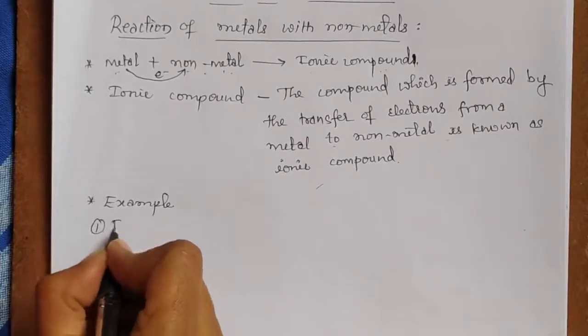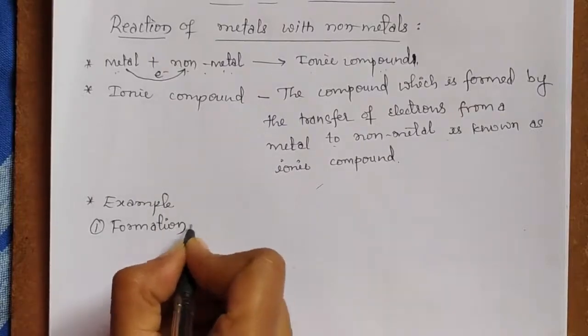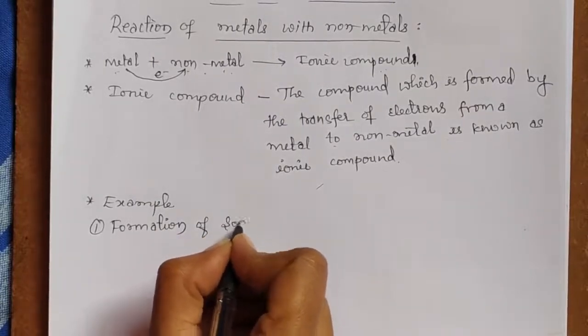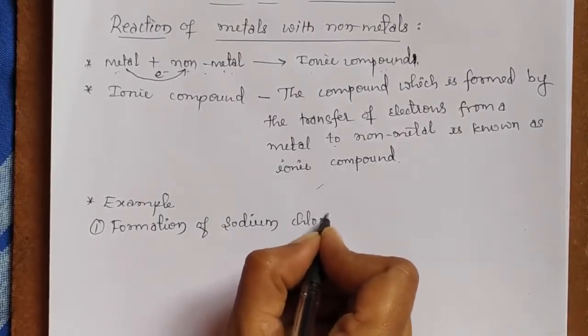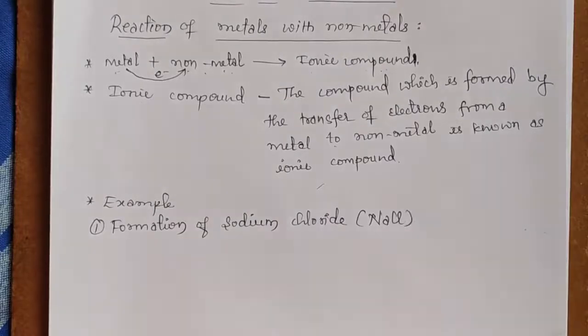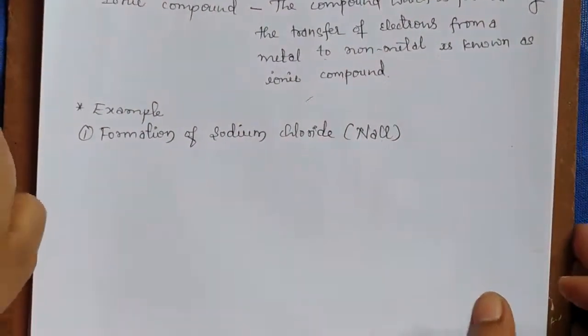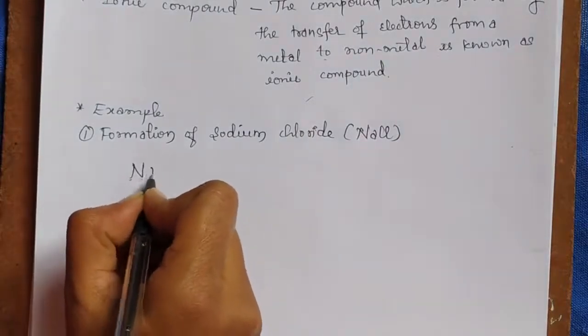We'll see the formation of sodium chloride. Its chemical formula is NaCl. Children, see here, sodium is a metal.